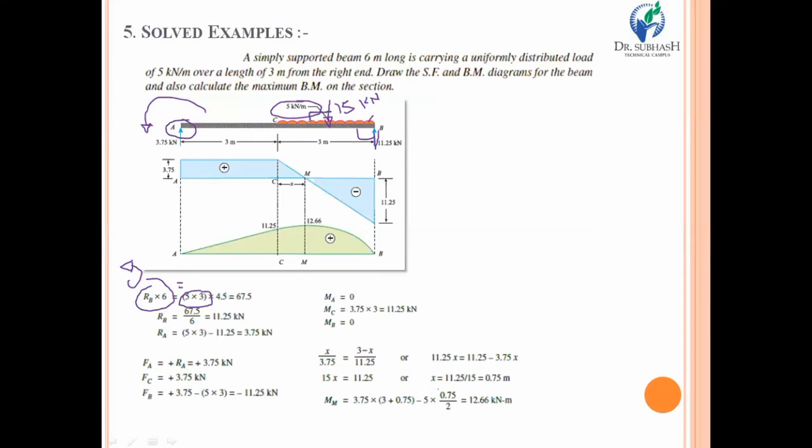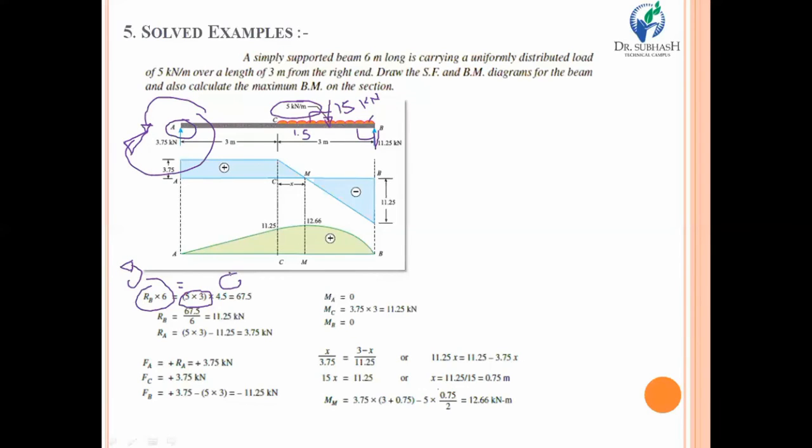So 15 multiplied by the distance up to A, which is 3 plus 1.5. Ultimately the distance is 4.5, and force into perpendicular distance gives the moment at point A in clockwise direction.